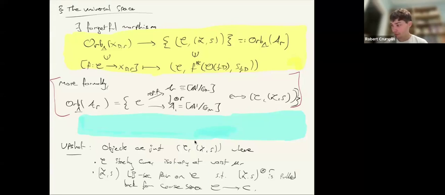This is what I'm going to refer to as the universal space. Universal because now there's only a dependence on R and the discrete data, so basically the contact order lambda, but it doesn't depend on X and D. So all of these different Orb XDRs map to this one guy.